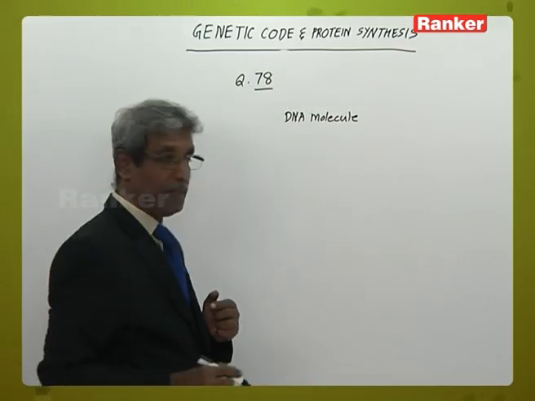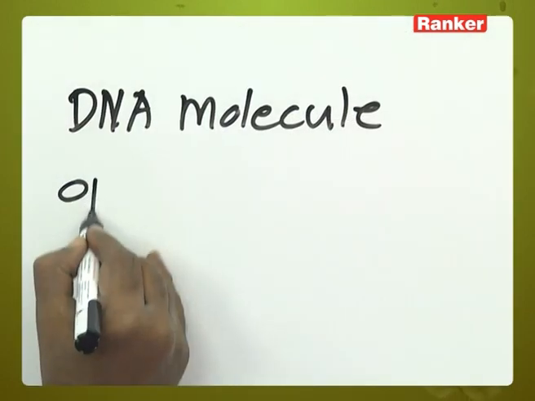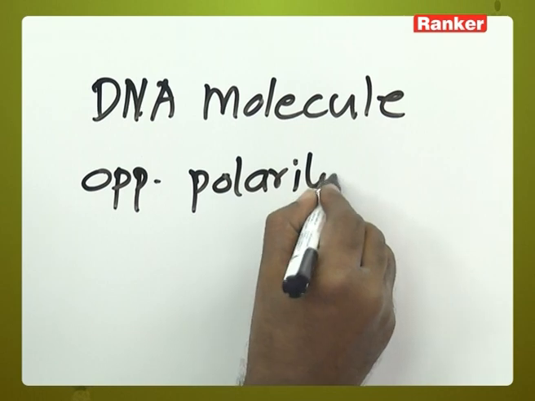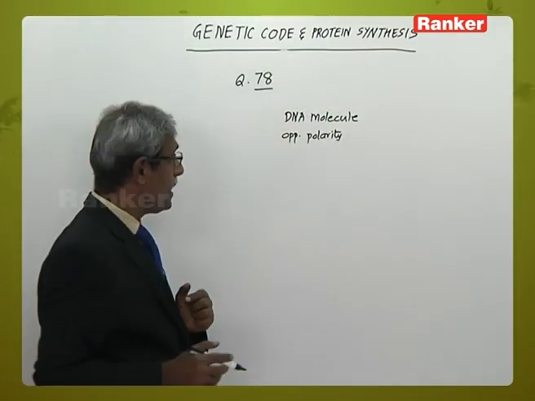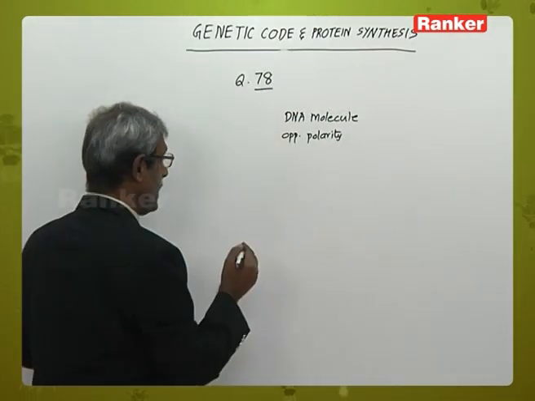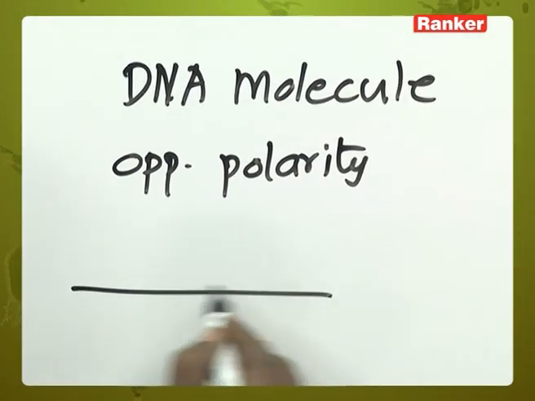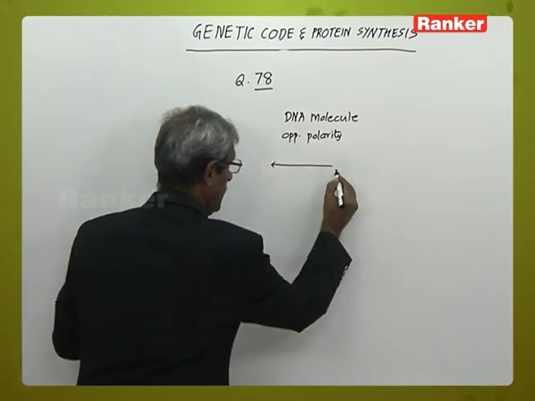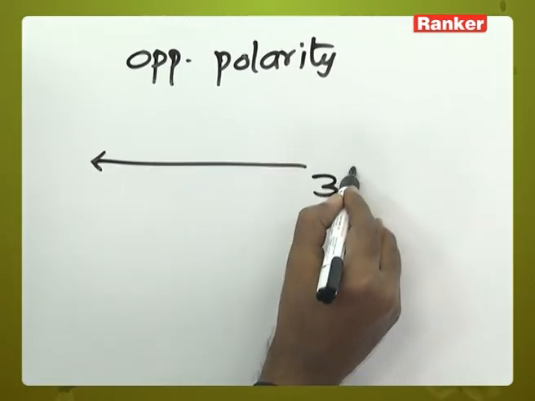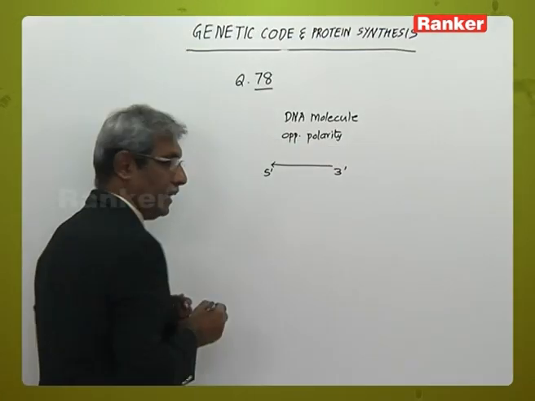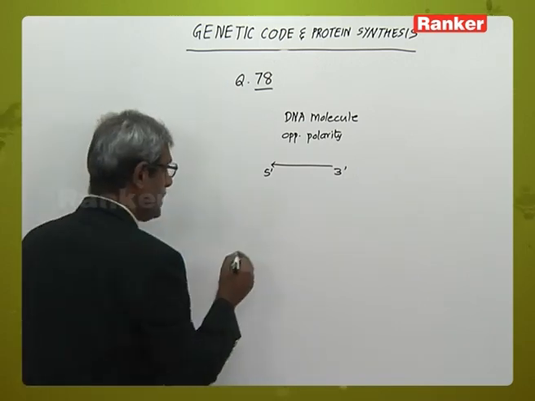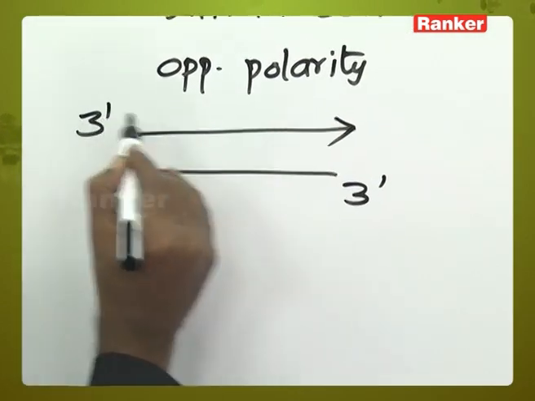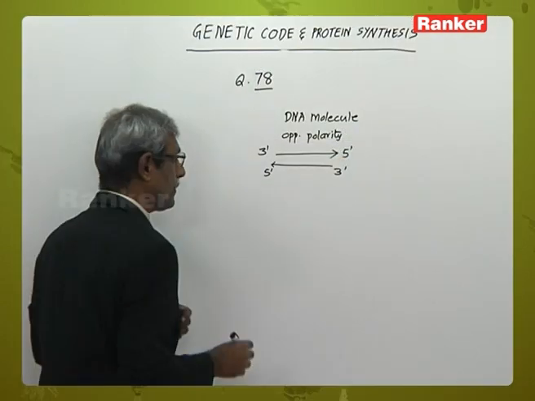the basic property of the DNA molecule is that it shows opposite polarity. By opposite polarity, we understand that one of the strands runs in the 5' 3' direction, whereas the other strand runs in the opposite direction, that is the 3' 5' direction.